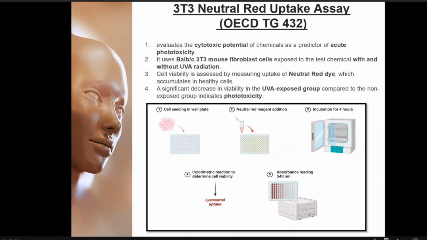Cell viability is assessed by measuring the uptake of neutral red dye, which accumulates in healthy cells. A significant decrease in viability in the ultraviolet exposure group compared to the non-exposure group indicates phototoxicity.